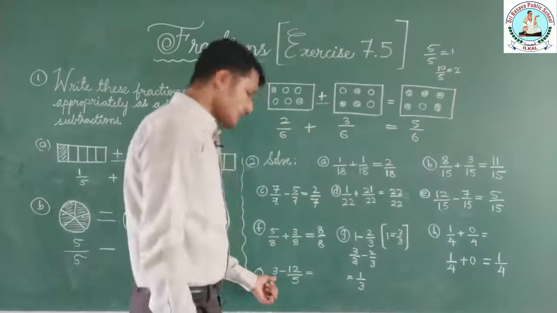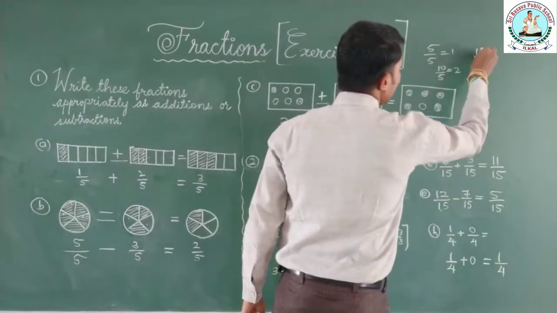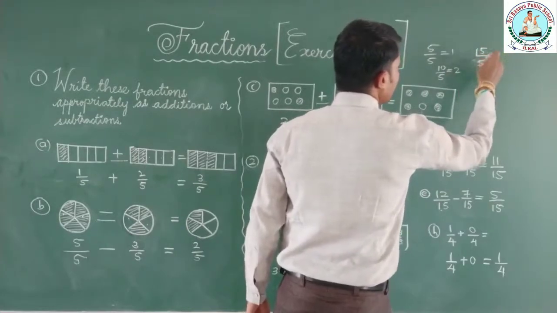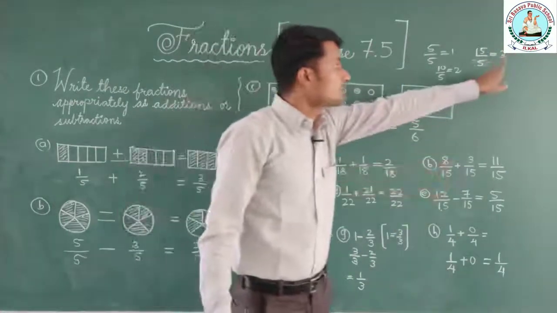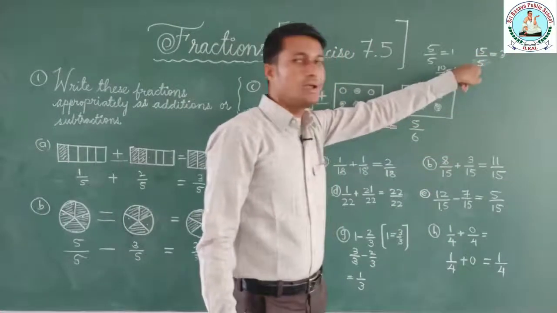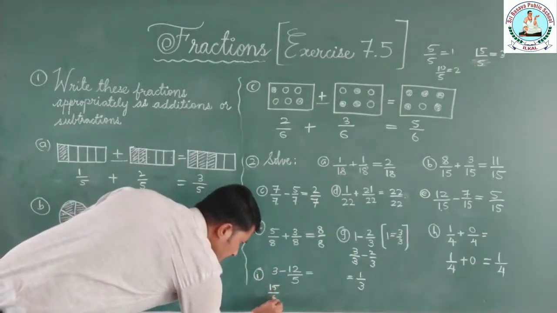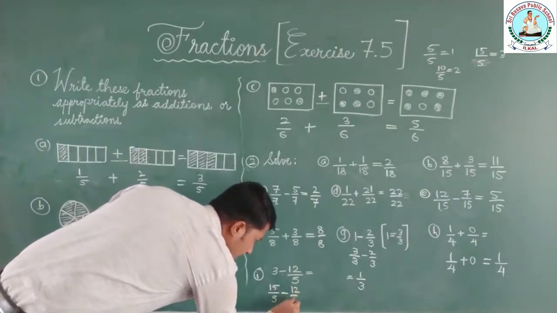Then to get to 3, what fraction do we have to write here? Absolutely, that is 15 divided by 5. So 15 divided by 5 will give you the answer 3. So in place of 3 you can write 15 divided by 5. So write 15 divided by 5 in place of 3, minus as it is, and 12 divided by 5 as it is.